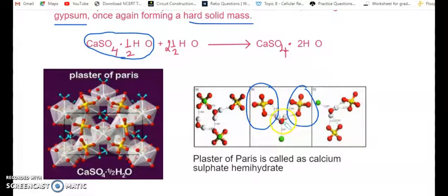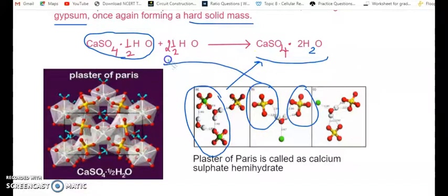Two molecules are sharing one molecule of water. Calcium sulfate with two water molecules is gypsum. So this is gypsum and this is plaster of Paris.